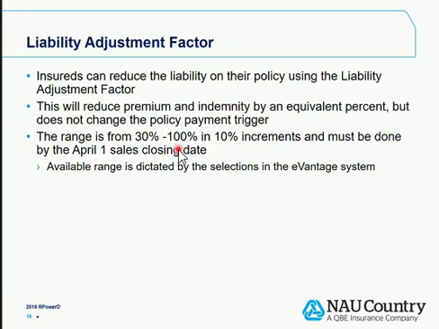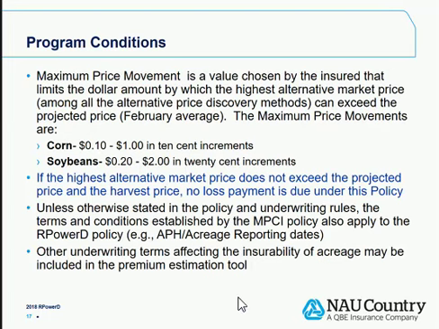So let's just say, for sake of discussion, I have $100 worth of coverage and the premium was $10. If I took a 50% liability adjustment factor, and you'll see it when you do the estimator, your premium would only be $5, but your coverage would only be $50. So it reduces both the liability and premium proportionately. And again, it's a selection you'll make when you're going through the estimator.